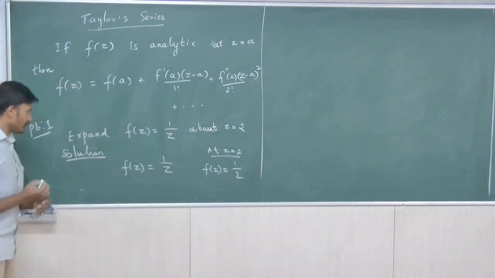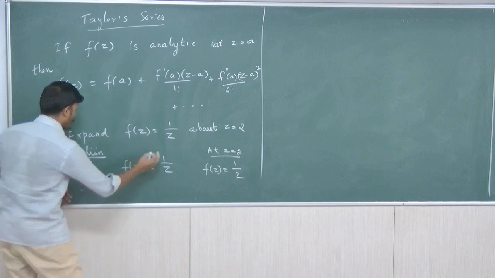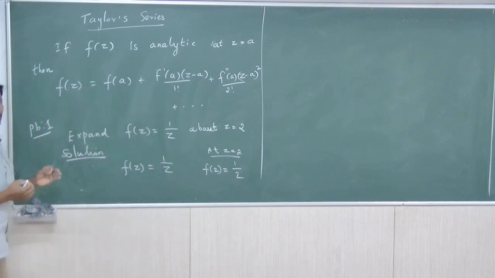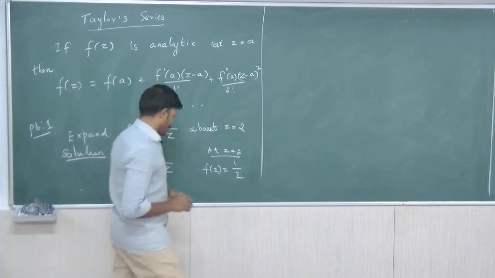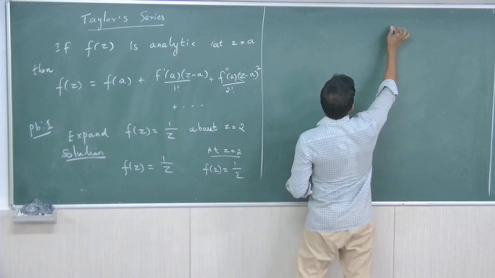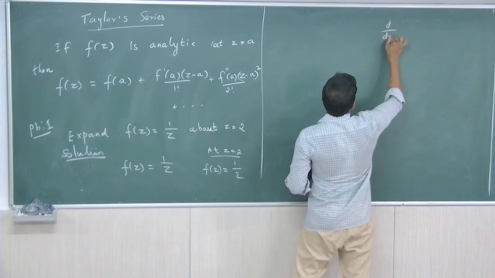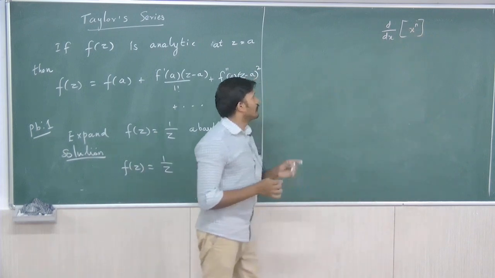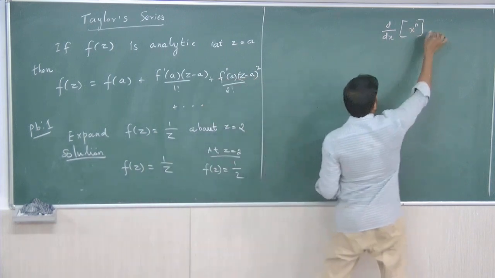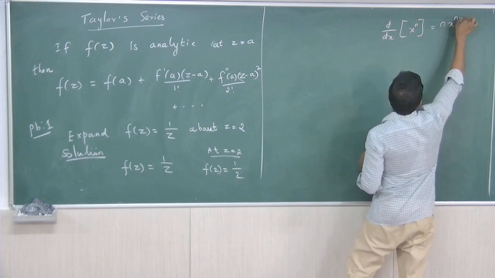So what is the differentiation? If you want to differentiate 1 by z with respect to z, you can use this formula: d by dx of x power n. The differentiation of x power n is n into x power n minus 1.